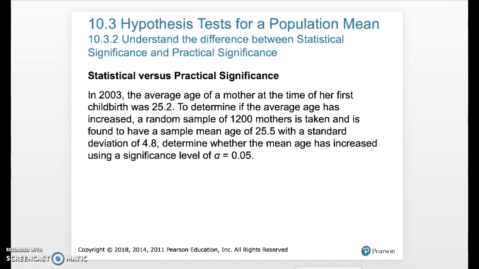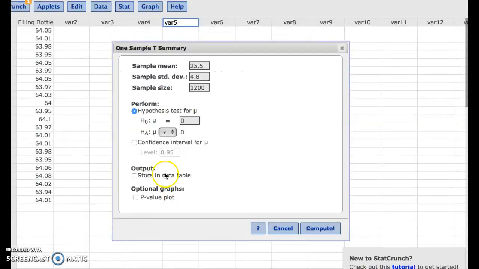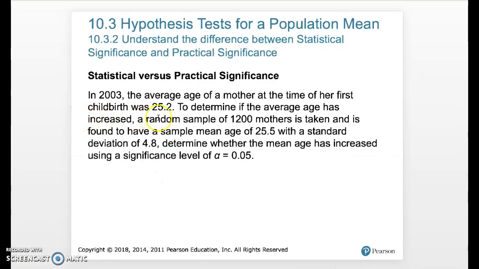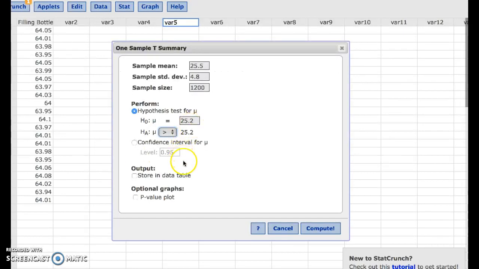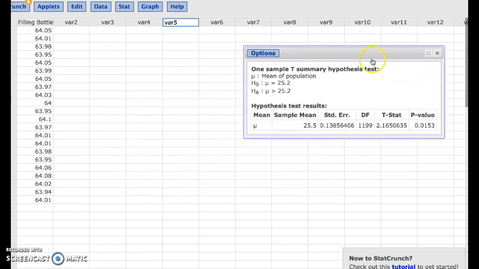Okay, so our numbers look good. The only thing left that we need to do is make sure we adjust our numbers in our null and alternative. So we were trying to see if our mean was greater than the 25.2 that we saw in 2003. So here, I'm just pulling the prior value, and that becomes the mean in my null. Then, there's no other options, no plot options, and we can go ahead and compute.